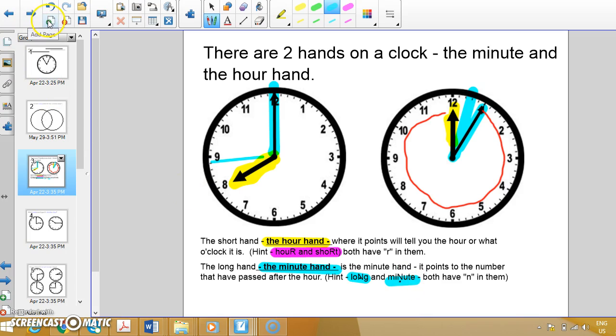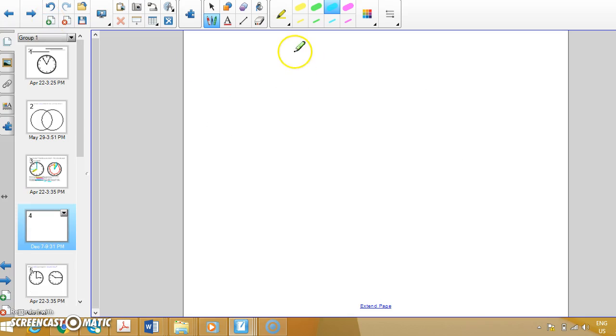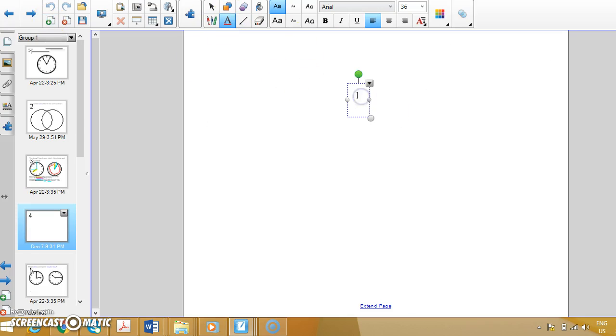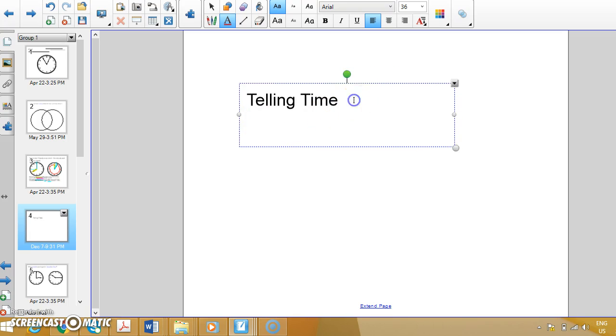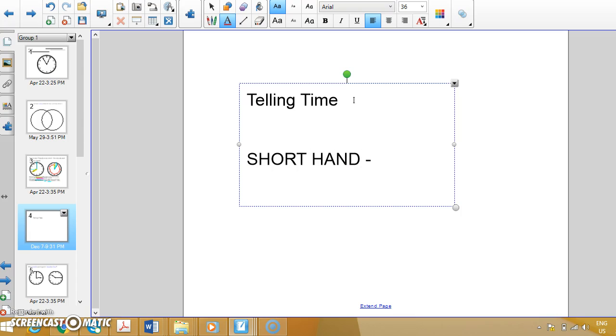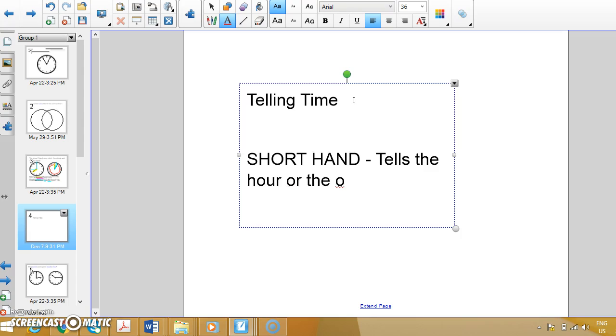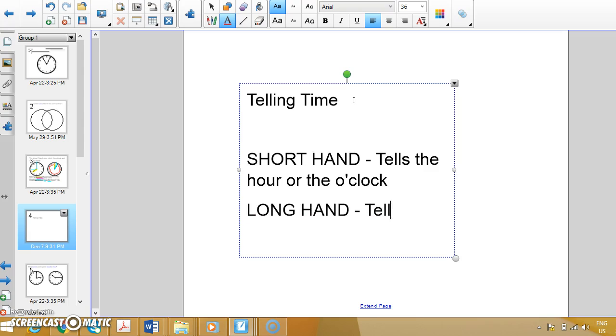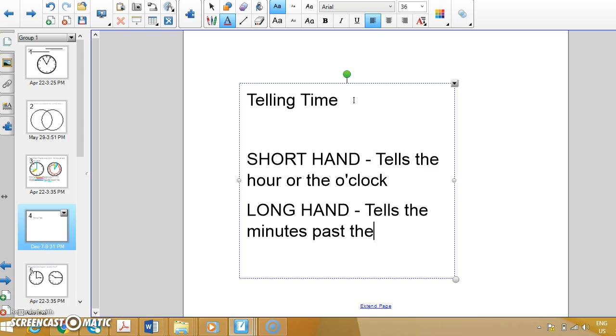So at this point, if you haven't already taken any notes, I'd like you to take out your notebook, and on a clean page, I want you to write telling time. And just take a minute to write yourself some notes. The first thing that you might want to tell yourself is that the short hand, with the R, tells the hour or the o'clock, and the long hand tells the minutes past the hour.